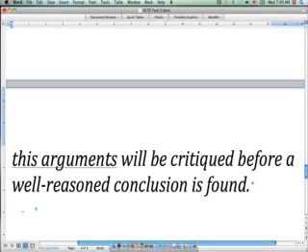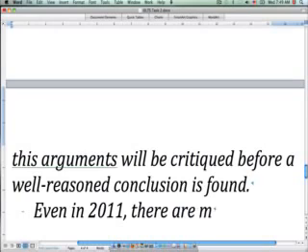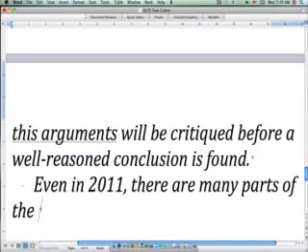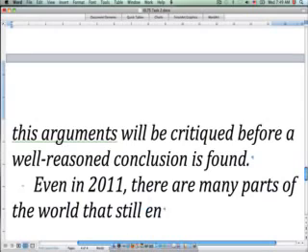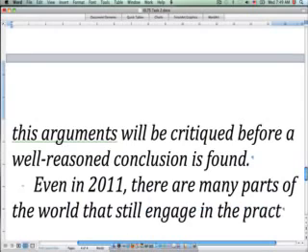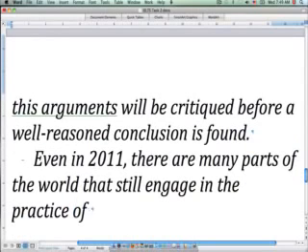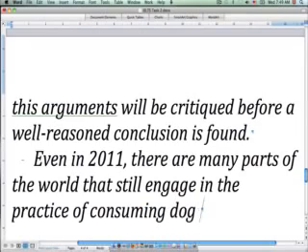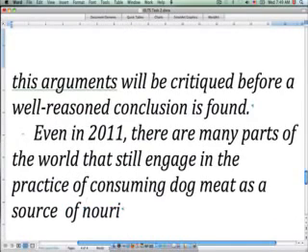So maybe we can start with connecting this long history with the present by saying something like, even in 2011, there are many parts of the world that still engage in the practice of consuming dog meat, and I'll even stick in here as a source of nourishment.